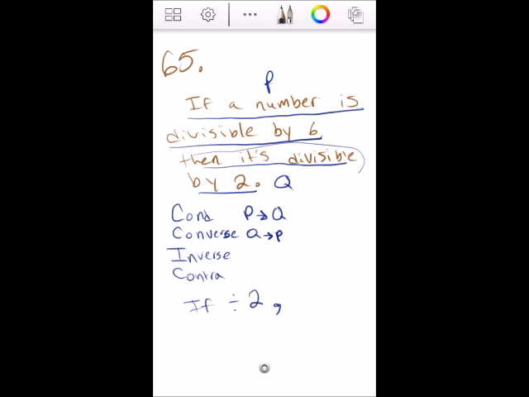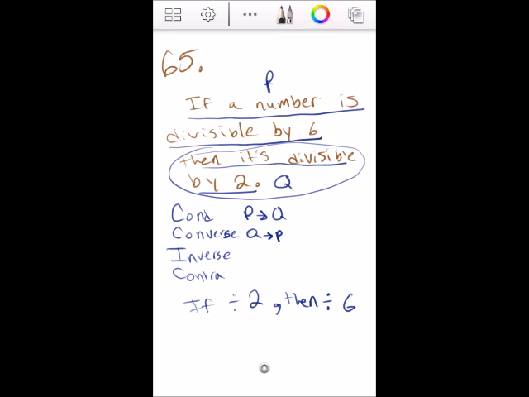So I took this second statement and made it the first statement. Then divisible by 6. So we just flipped it around. So that means there's only 2 possible choices that work. C, nope, sorry, not C. If a number is divisible by 2, then it's divisible by 6. B or D.